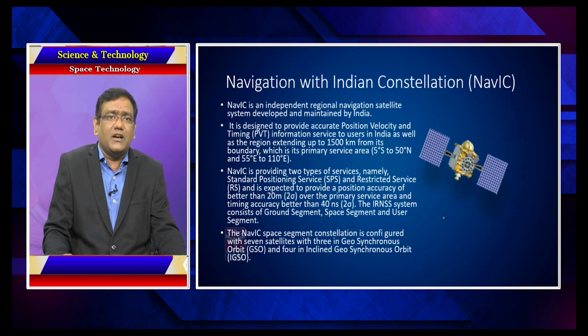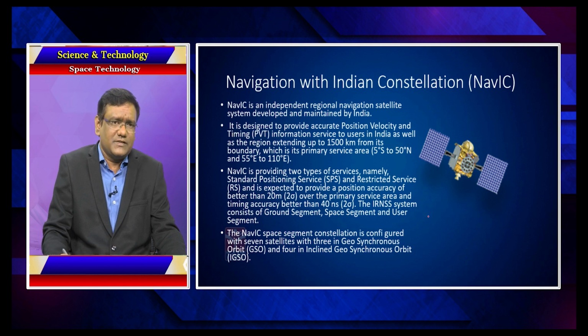And this NAVIC is an independent regional navigation satellite system developed and maintained by India itself. This is used for Indian maritime ships. Indian ships are using this navigation system now.